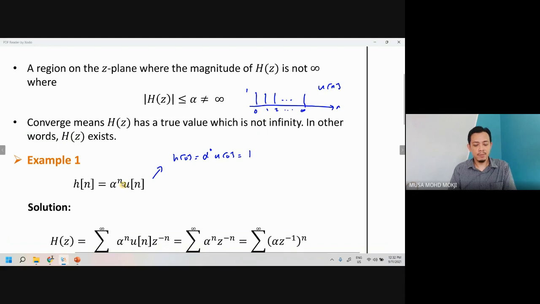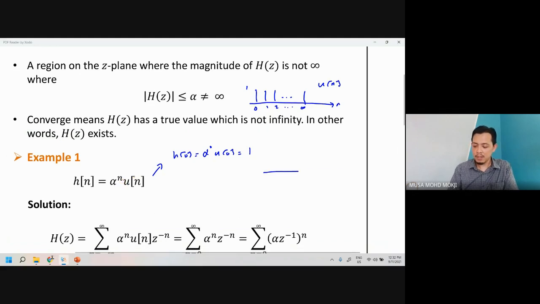And what is alpha^n? At 0, alpha to the power of 0 is 1. You will start with 1, and then it depends on what alpha is. For example, let's say alpha equals 0.1. What will be next? 0.1 to the power of 1 is 0.1. 0.1 to the power of 2 will be 0.01.